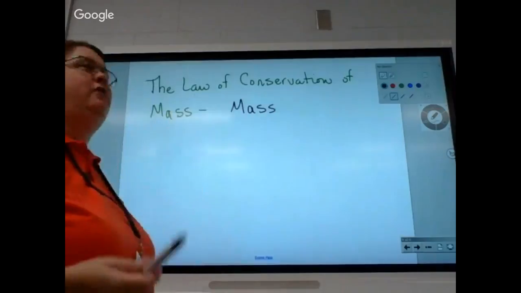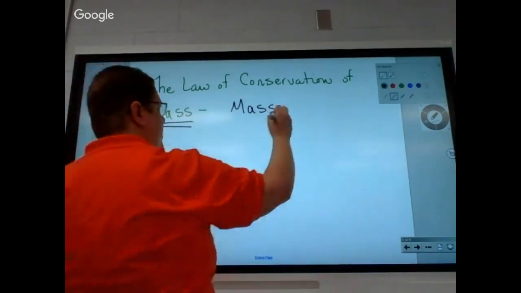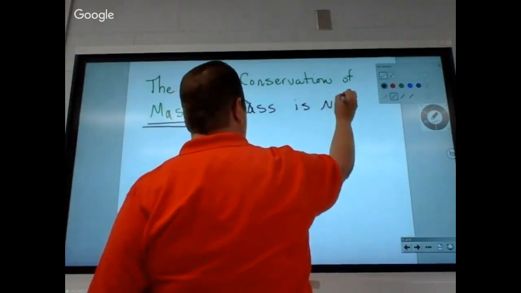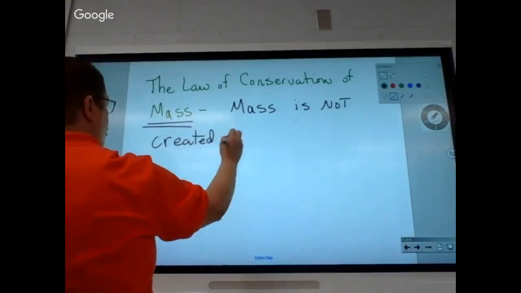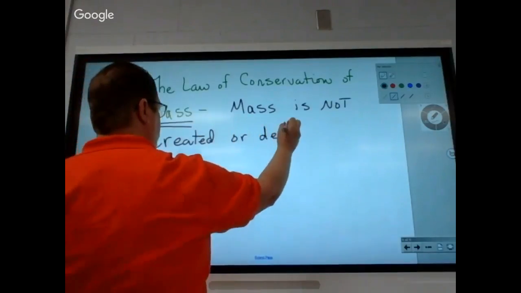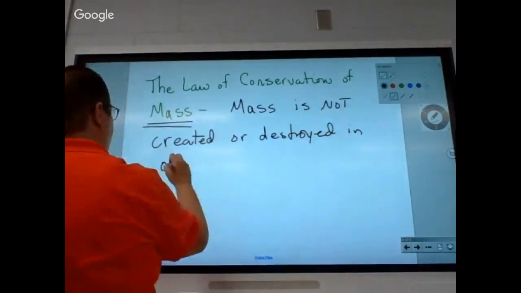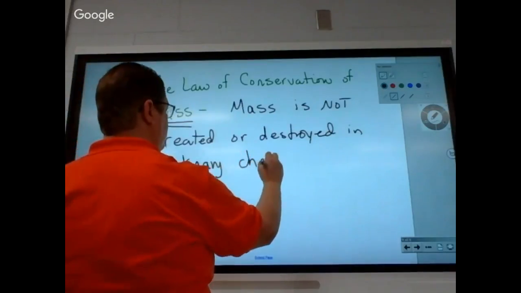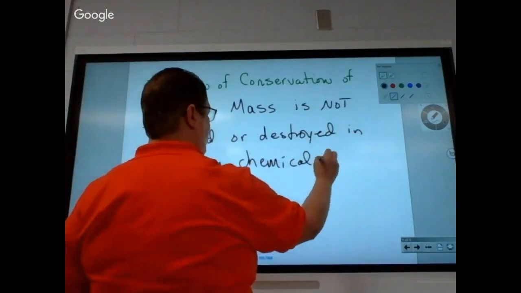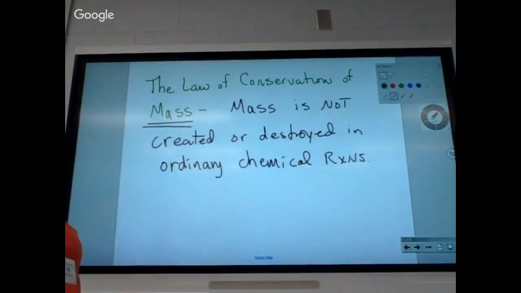We can change this word all day long, and it's the same law, okay? Mass is not created or destroyed in ordinary chemical reactions. Okay? Mass is not created or destroyed in ordinary chemical reactions.